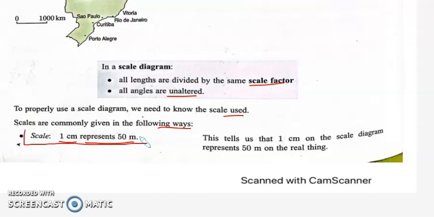This is commonly used, but there is no hard and fast rule; it can vary as per the requirement. This tells us that 1 centimeter on the scale diagram represents 50 meters on the real thing.